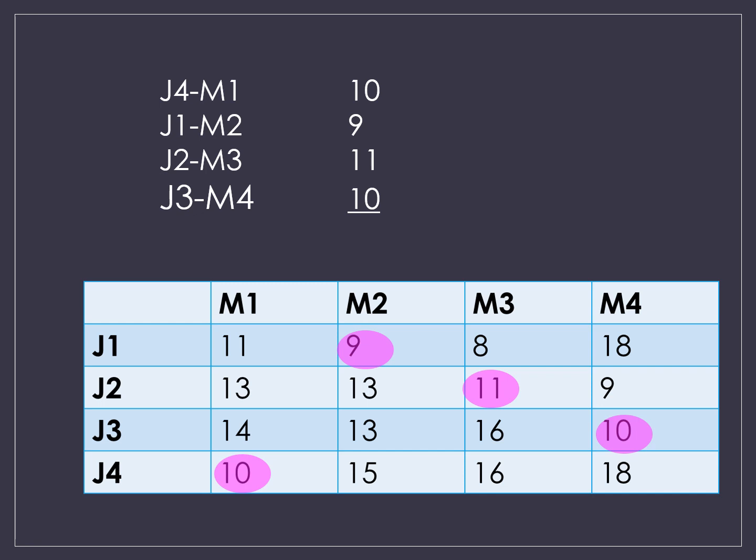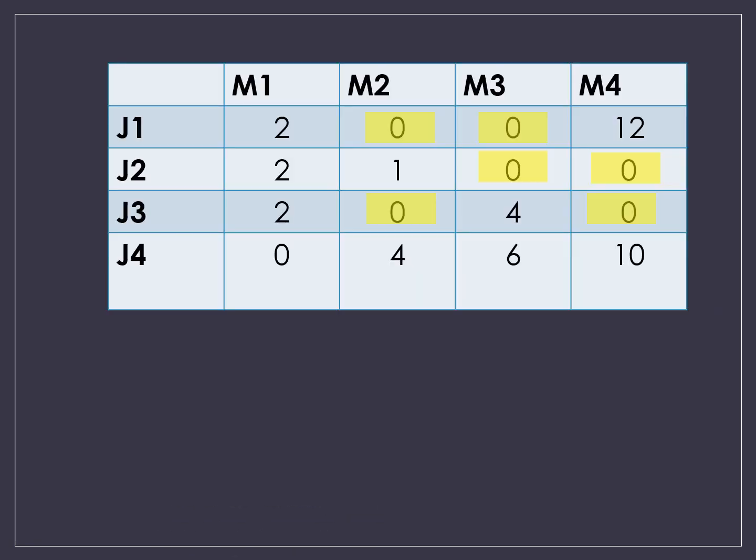So the overall cost is 40. Since there are more allocation options for M2, M3 and M4, rather than stopping at a single solution, we have to see whether there are any other options which will result in the lowest cost.